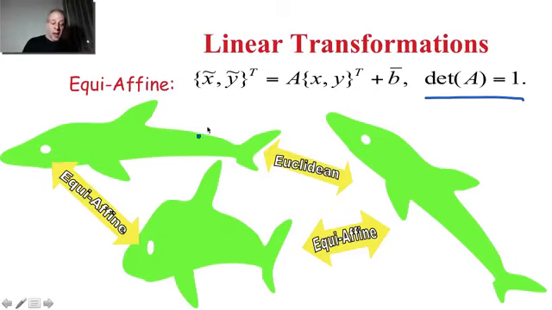But if you allow affine transformations, stretches, the area is not necessarily preserved, but if the determinant of the transformation matrix is equal to 1, then it's not hard to show that the area of this object, the area inside the curve or the object itself, is preserved. And those are called equi-affine motions, equi-affine transformations. And we're going to often just call them affine, and we're going to assume that we are talking about those that we get with a determinant equal to 1.